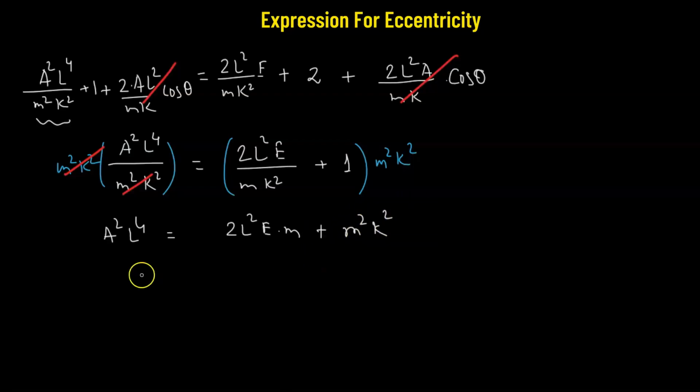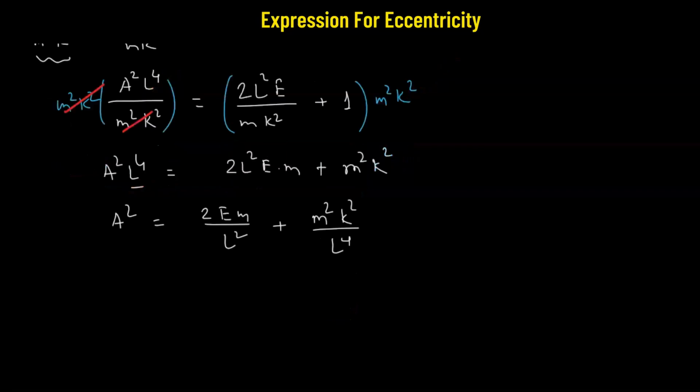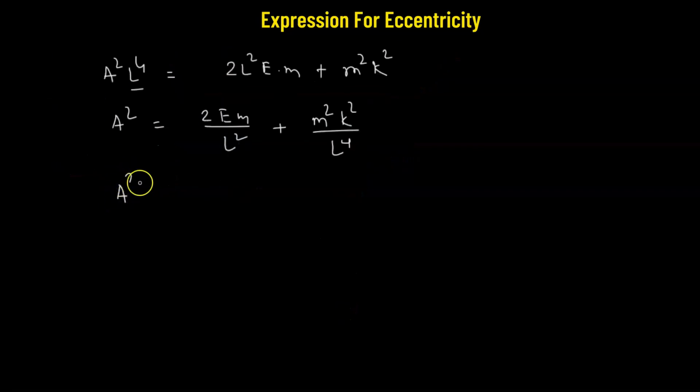Fine. Now we'll divide both sides with L to the power of 4. So we have a squared E equals 2em over L squared plus m squared k squared divided by L raised to the power of 4. So a squared will be, let's take the second term as the common factor. So we have m squared k squared divided by L raised to the power of 4.